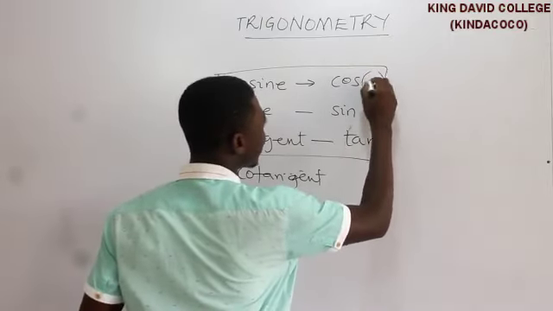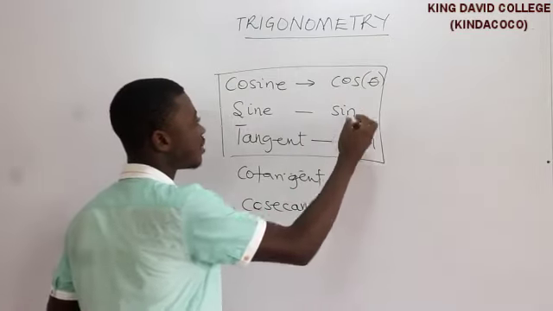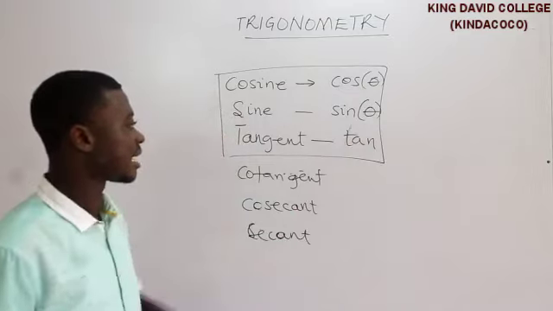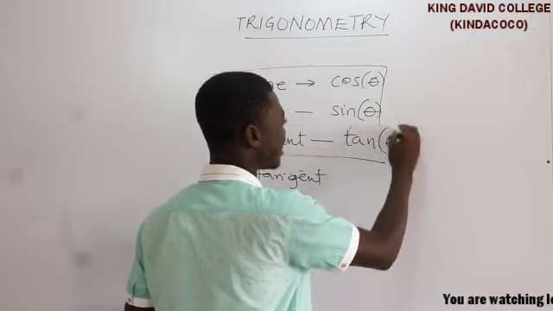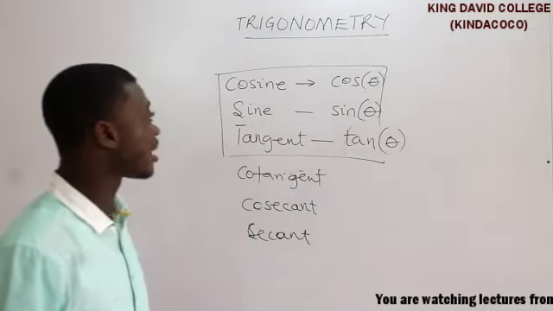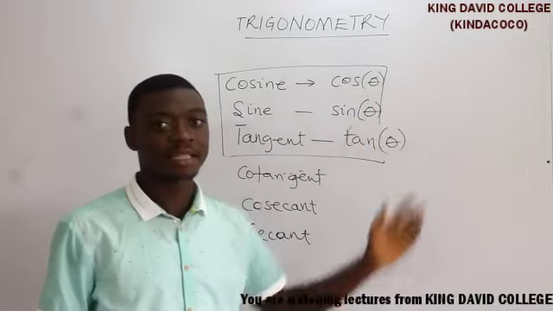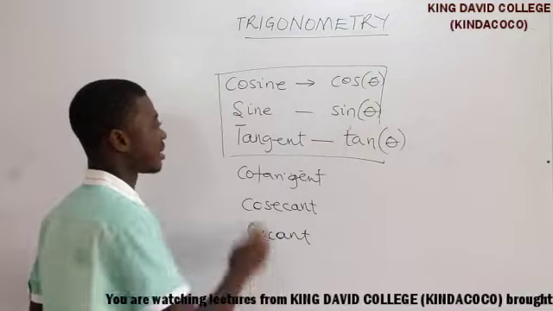So you see cos, maybe the angle is called theta, and then you see sine with its corresponding angle, maybe theta, and then tan too with its corresponding angle, say theta. So that is how you will be seeing it: cos, sine, tan, and the rest. So you'll be looking at this.